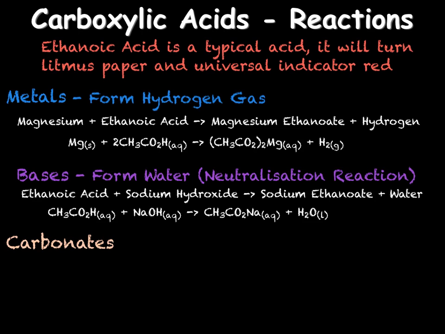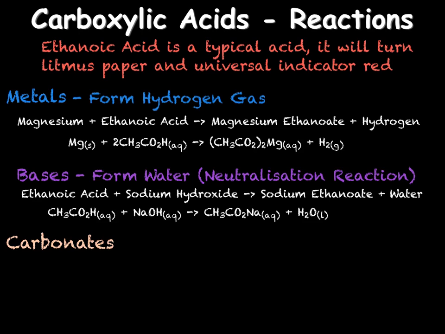So we have our ethanoic acid, CH3CO2H, plus our sodium hydroxide, NaOH, both of these in the aqueous form, which forms our sodium ethanoate, CH3CO2Na, in the aqueous form, and our water, H2O, in the liquid form.